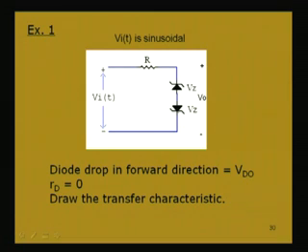when we consider this point is negative with respect to this point, this Zener diode will be reverse biased, and the other will be a forward biased normal diode. That is, when the input voltage is greater than Vz plus Vd naught in the reverse bias condition, then again it will be conducting and the drop will be Vz plus Vd naught.